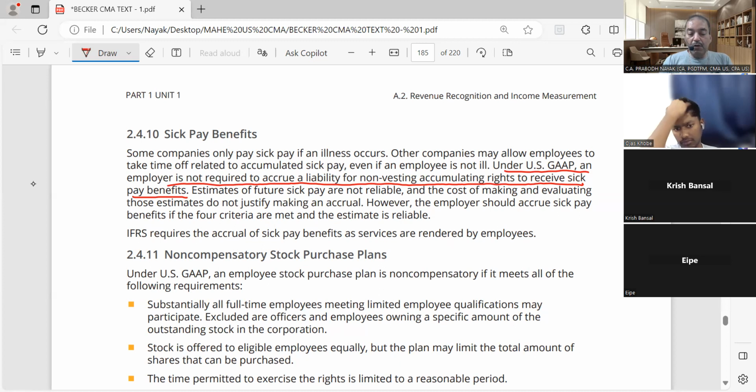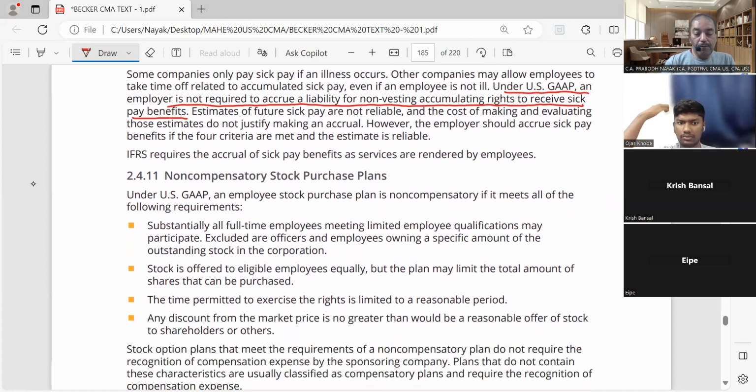IFRS requires the accrual of sick pay benefits as services are rendered by the employees. Non-compensatory stock purchase plans. Basically, it is stock purchase plans that we are talking about. Under US GAAP, an employee stock purchase plan is non-compensatory if it meets all of the following requirements. Requirement number 1.